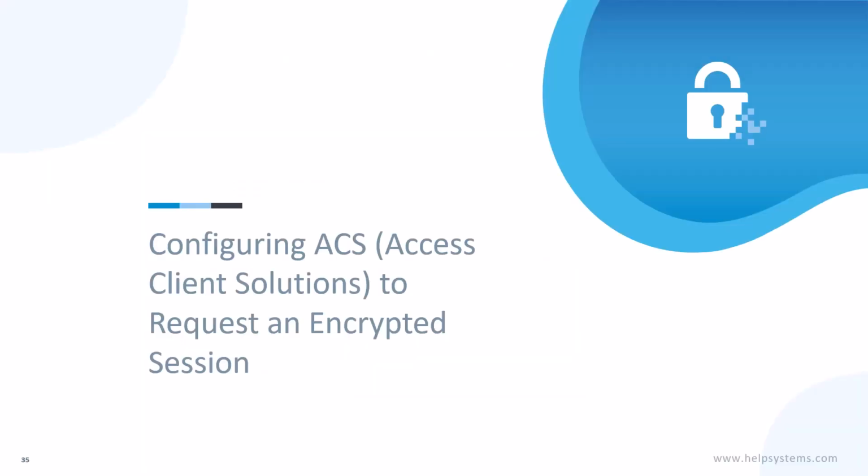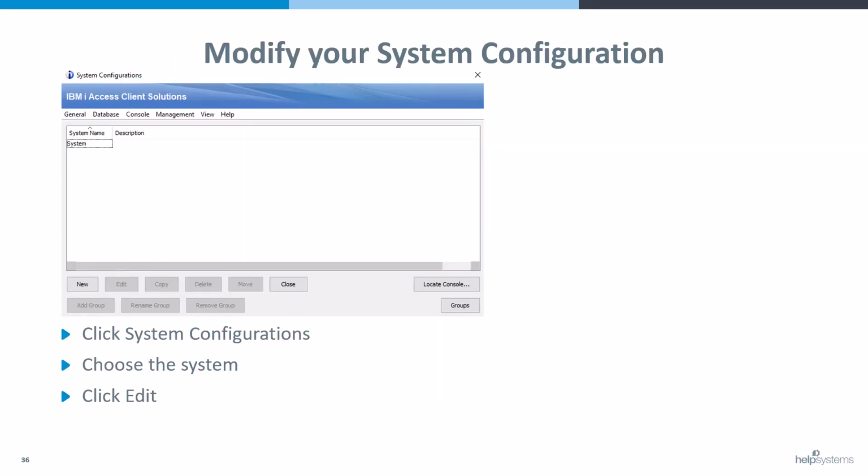So now we have our certificates assigned, our servers are ready. How do we configure ACS to actually request that encrypted session? So within ACS, you're going to modify your system configuration, by clicking on System Configurations, choosing the system that you want to modify, and then editing.